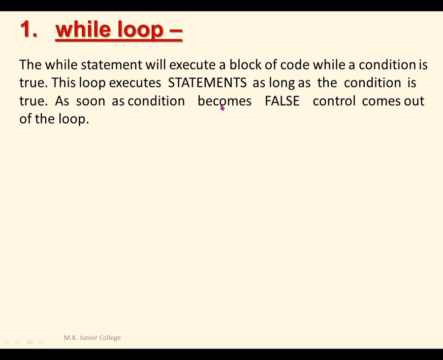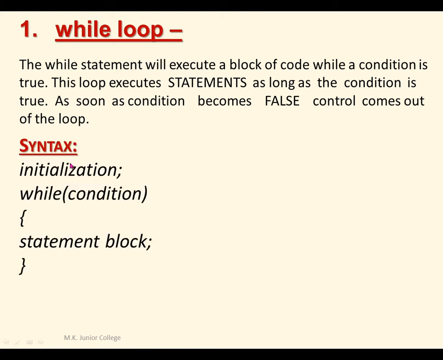As soon as the condition becomes false, the control comes out of the loop. Whenever you are using a while loop in your program, that block will execute till the while condition is true. When the condition becomes false, the control of your program comes out of the loop.